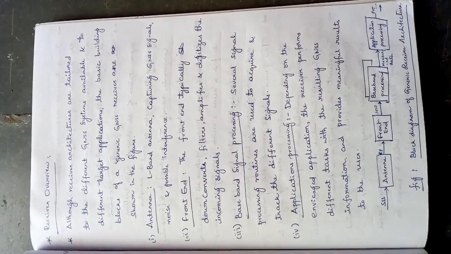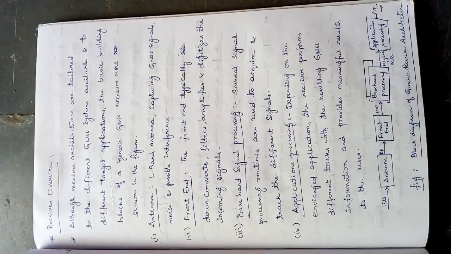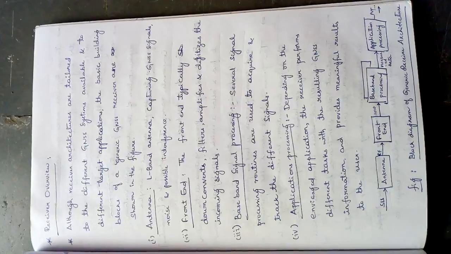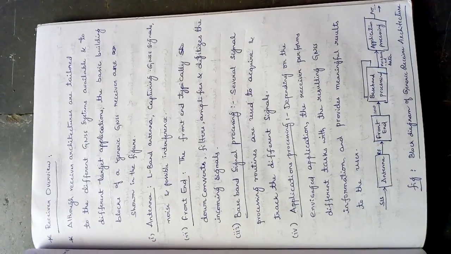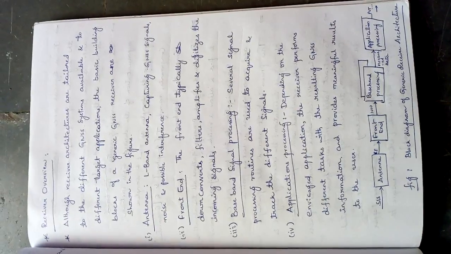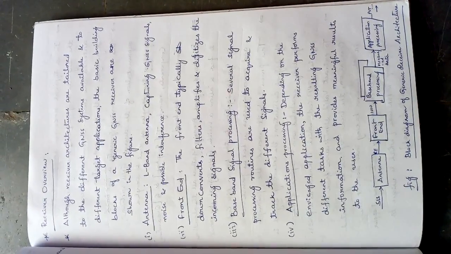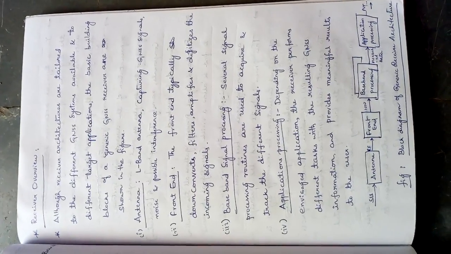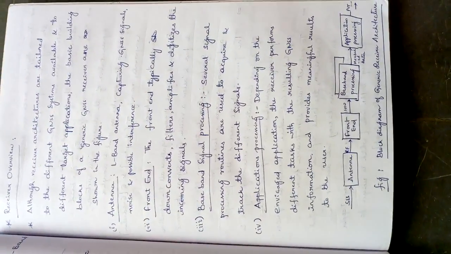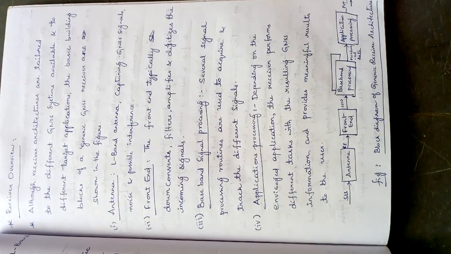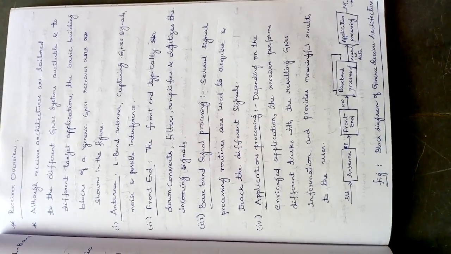The front end typically down converts, filters, amplifies, and digitizes the incoming signals. Baseband signal processing: several signal processing routines are used to acquire and track the different signals. Applications processing: depending upon the envisaged application, the receiver performs different tasks with the resulting GNSS information and provides meaningful results to the user.